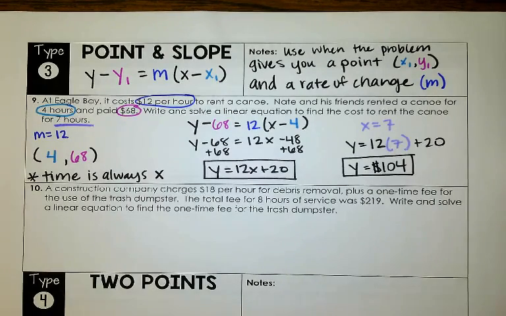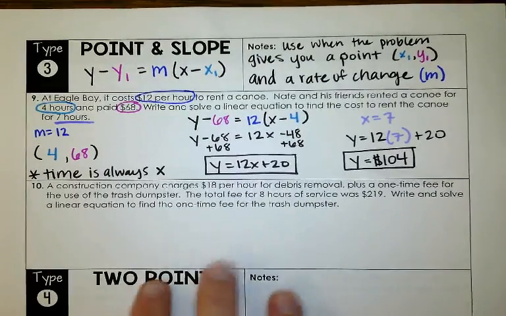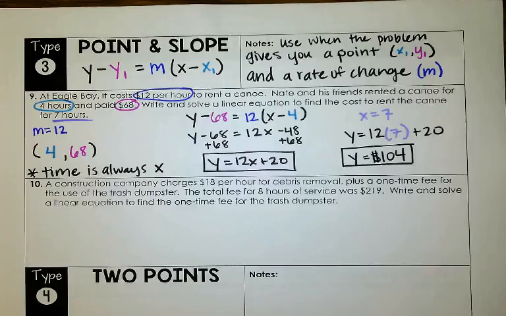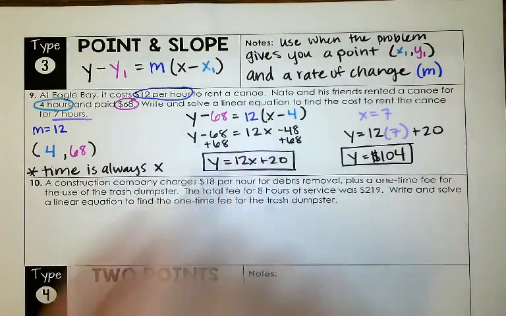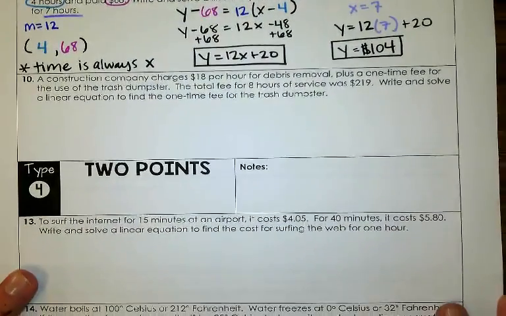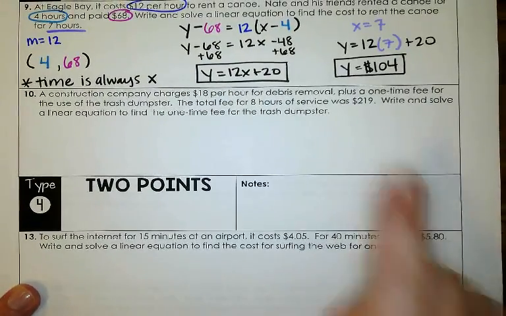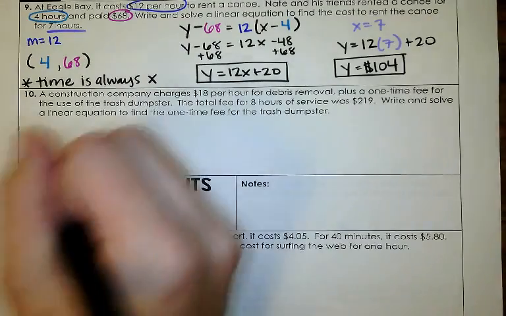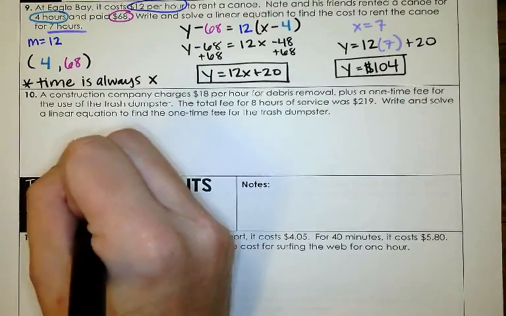Okay, we're not going to do the next one because this type 4, we're going to do a little more point slope. Okay. So guys, check it out. Sometimes you are given a point and a slope. Other times, you might just be given 2 points. So if you're just given 2 points, you have to first find the slope using your slope formula.